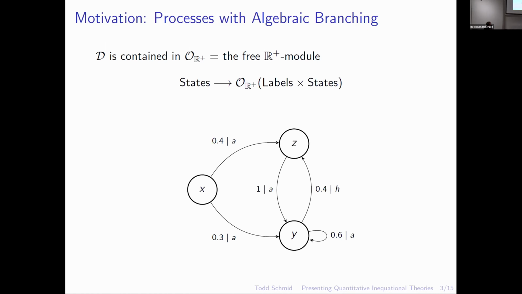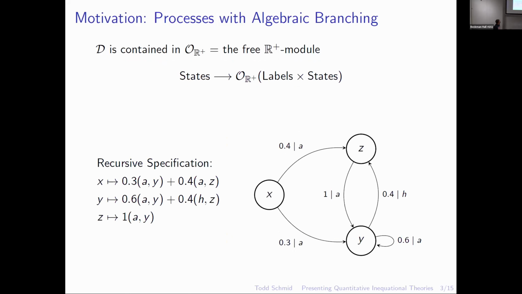If I write down this automaton again, you'll notice that if the states are x, y, and z, I can write down this specification where on the left-hand side I have the states, and on the right-hand side I have formal linear combinations of the label-state pairs. For the rest of this, I'm going to drop the labels because they're not super important. But the point is that I can write down this automaton, this process, on the right-hand side using terms from the free module on the non-negative real numbers.